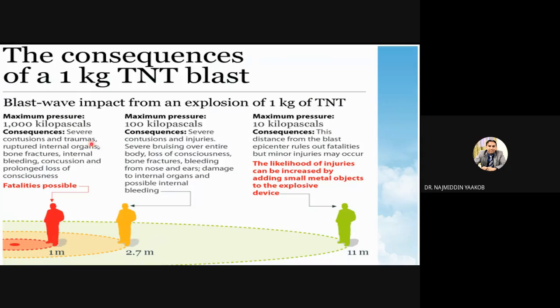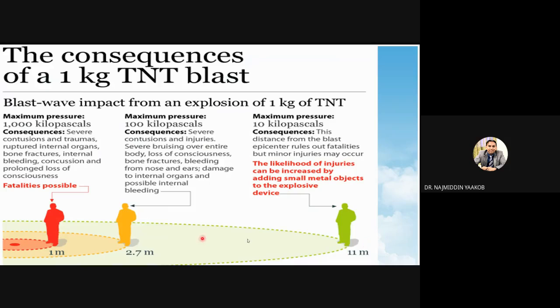For example, the consequences of a 1 kilo TNT blast. If this is the point of the explosion of a 1 kilogram TNT blast, at 1 meter fatalities are possible. At 2.7 meters, what are the consequences? Severe contusion injuries. At 11 meters, this distance from the blast rules out fatality, but minor injuries may occur.